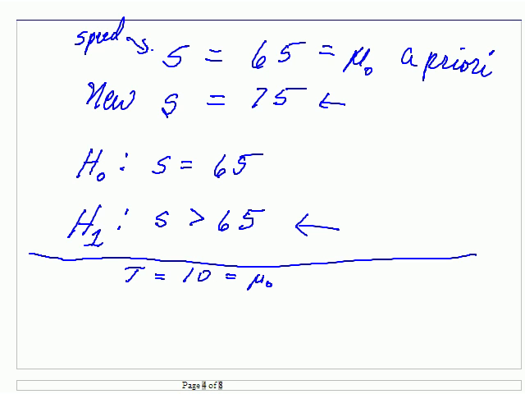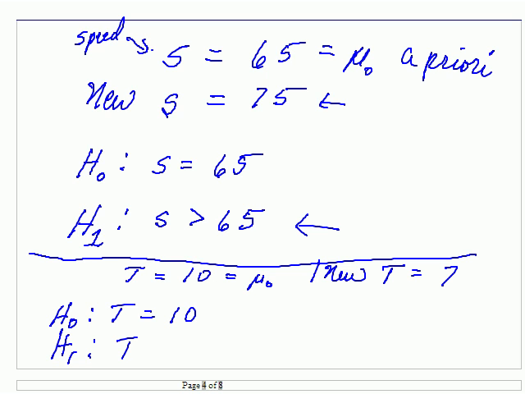Okay, so your null hypothesis will say that the average temperature is 10. Okay, the new measurements come along and say, no, the temperature is really like 7. So the alternative hypothesis in this case might be that the temperature, with T meaning the average temperature, is less than 10.